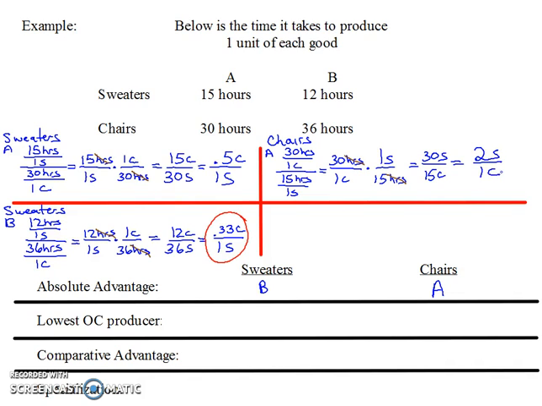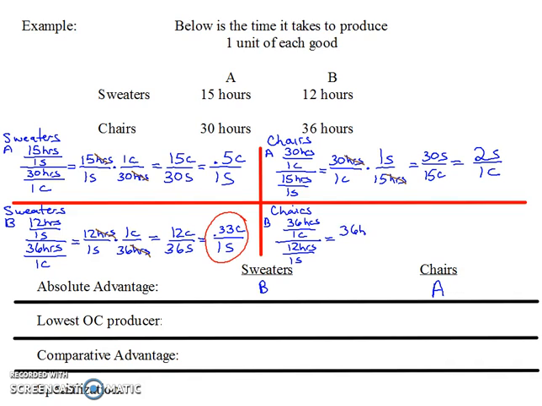Every time A makes a chair, he gives up 2 sweaters. Let's do the same thing for B. Chairs for person B. It takes 36 hours to make one chair, all divided by 12 hours to make one sweater, multiplied by the reciprocal.